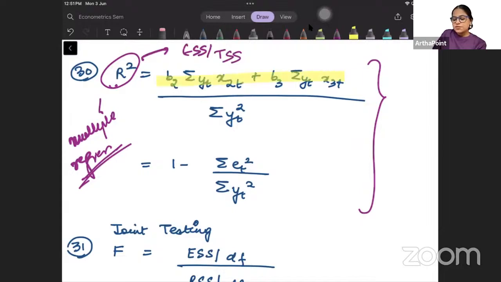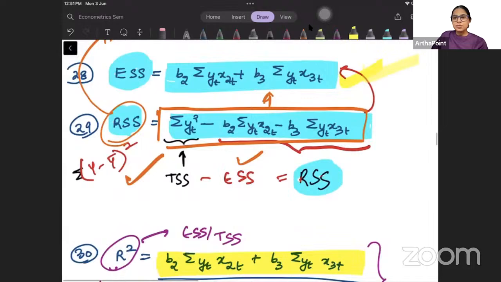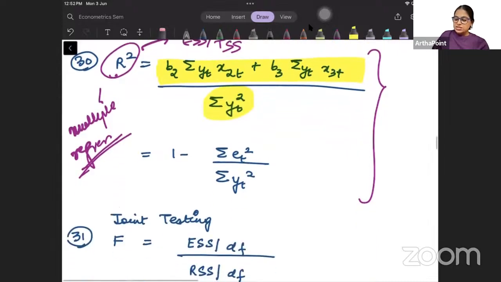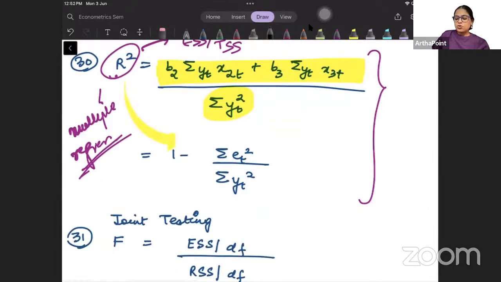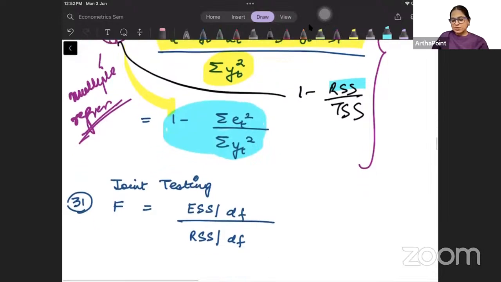So if you see, this is the formula of ESS that I have just picked from here, right? And TSS is nothing but deviation of y from its mean value squared. Similarly, R square को लिख सकते हैं 1 minus RSS by TSS. तो RSS is nothing but summation E square और TSS क्या है, summation Y square. तो R square can also be written as 1 minus summation E square by summation Y square.